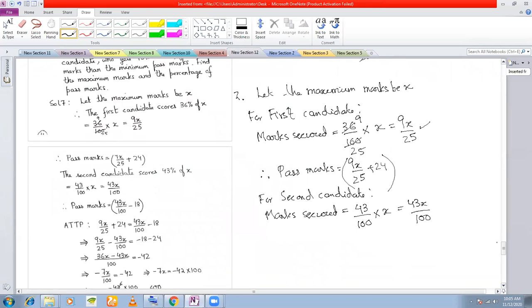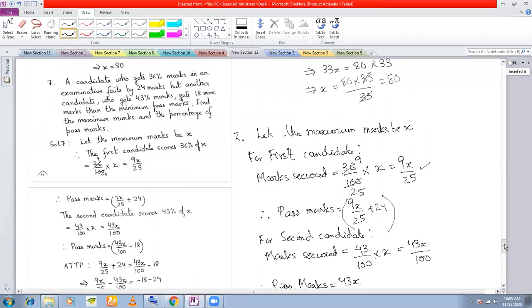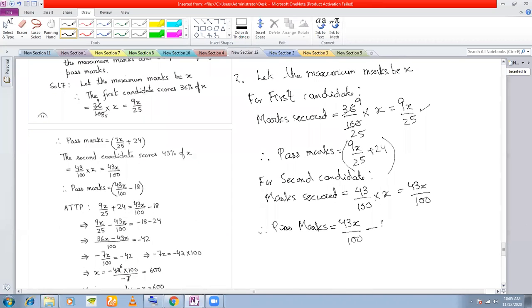Suppose you get 56, and I tell you that you have got 16 more than the pass mark. Then what is the pass mark? 40. So therefore, what should be the pass marks in this case? 43x by 100. And he got how much more than the pass marks? He got 18 more. That means if I subtract 18 from his marks, this should be the pass mark.